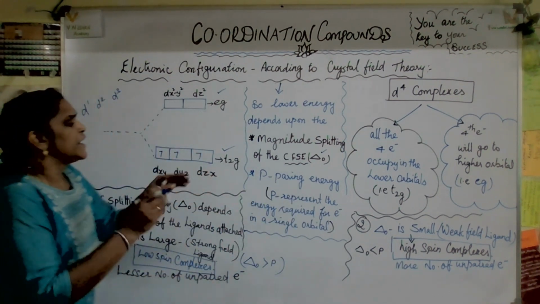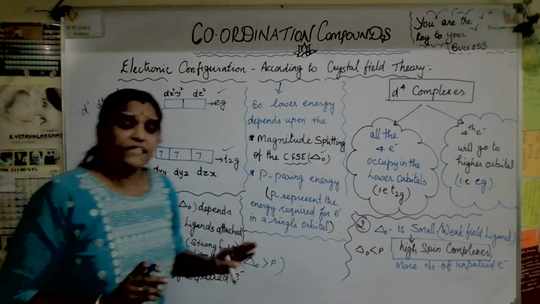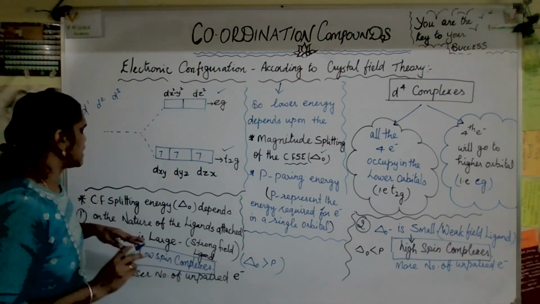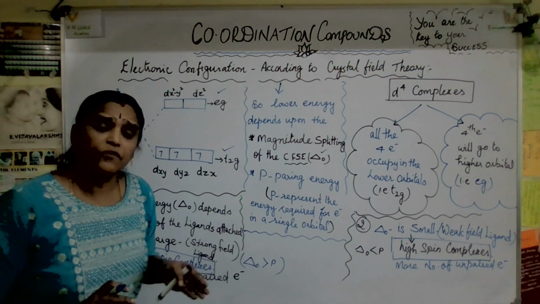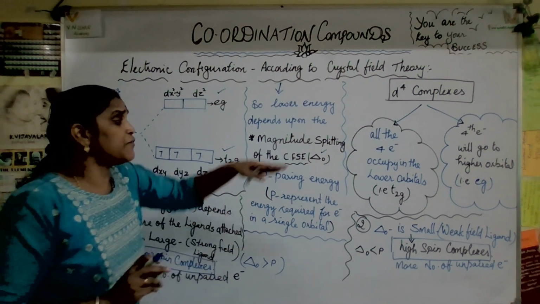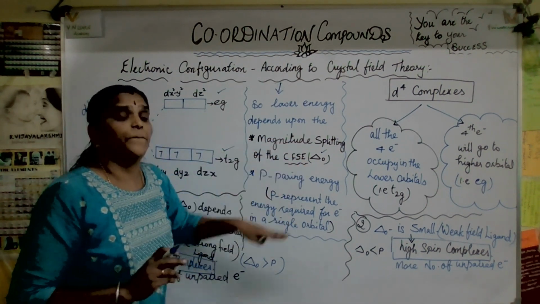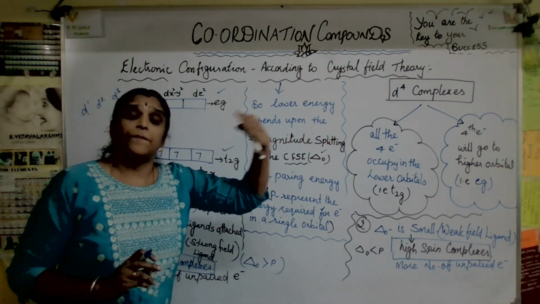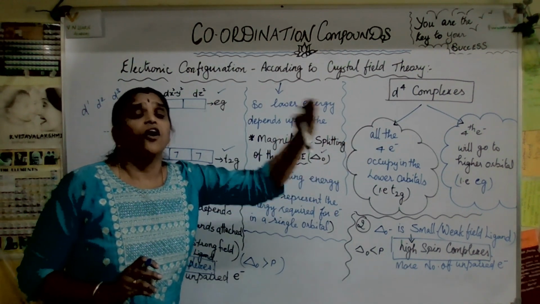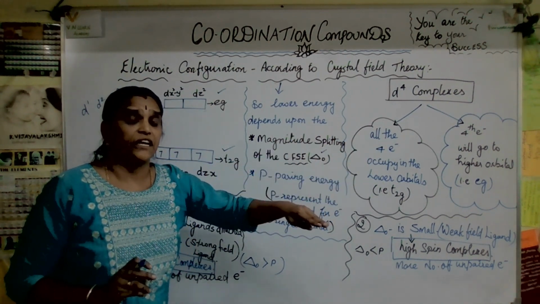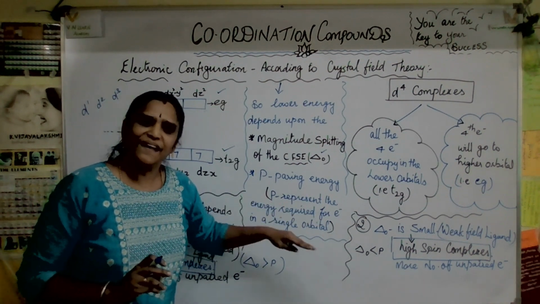Now the nature of the ligand, strong field or weak field, tells us how to compare delta naught and P, whether delta naught is larger or smaller, depending on the ligand.